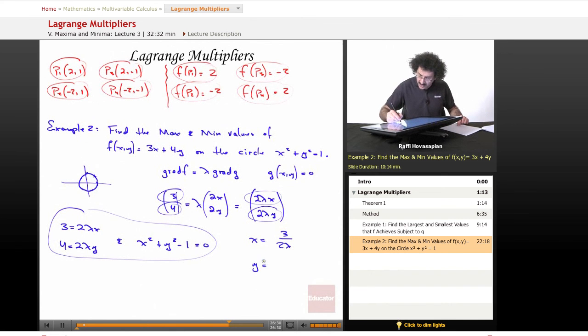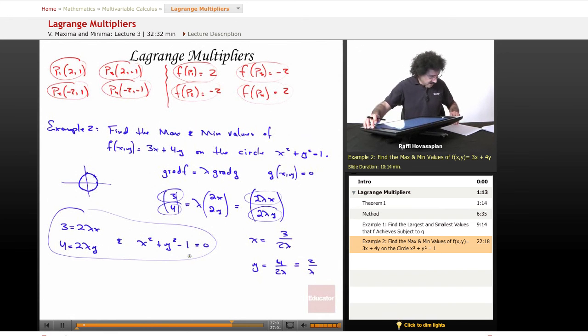And y, when I divide by 2 lambda, is going to be 4 over 2 lambda, which equals 2 over lambda. Now I'm going to take these values of x and y and put them into the constraint equation to see what I get for lambda. Let's go ahead and do that.